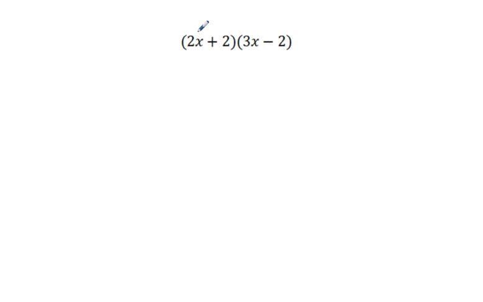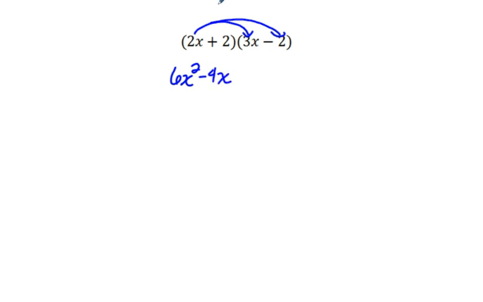So I make noises when I do this. So we go, ew. I know it doesn't exactly sound like a missile, but it's okay. 2x times 3x, 2 times 3 is 6. x times x is x squared. Ew. 2x times negative 2 is negative 4x.